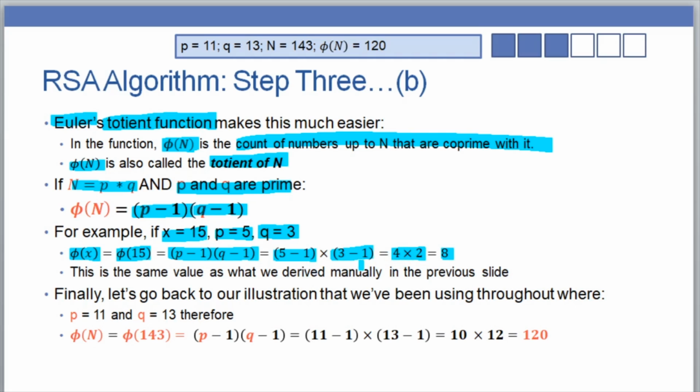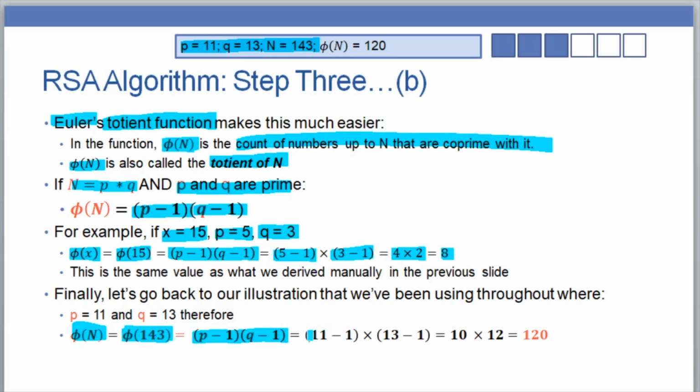So now finally, let's go back to our previous illustration that we've been using throughout with these values up here, where p equals 11, q equals 13, and n equals 143. So using these, that means phi n equals phi 143 equals p minus 1 times q minus 1, which are 11 and 13.